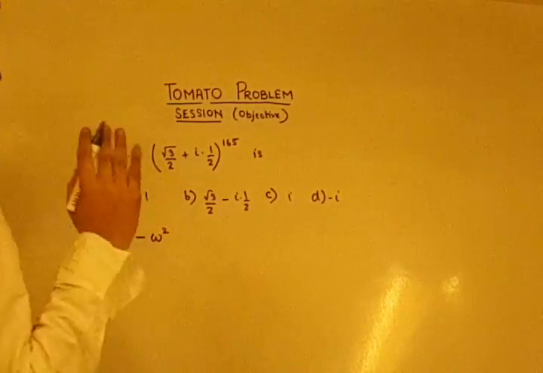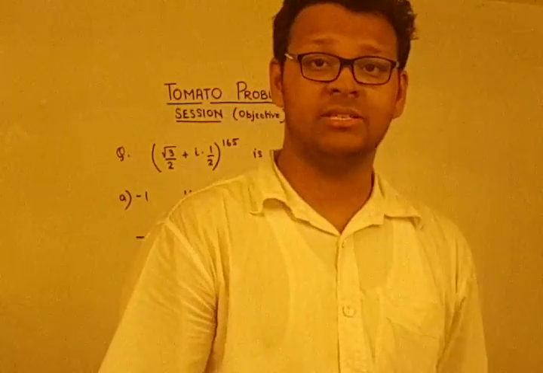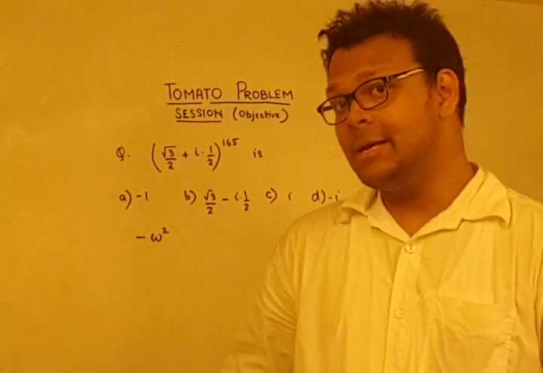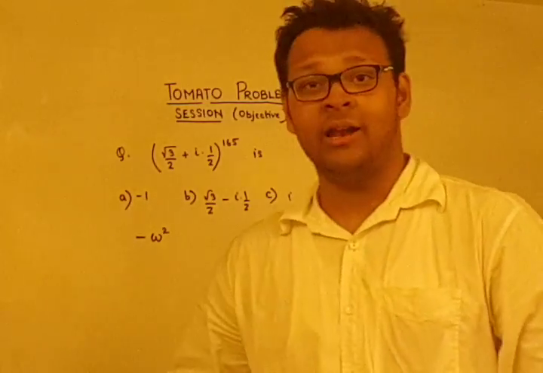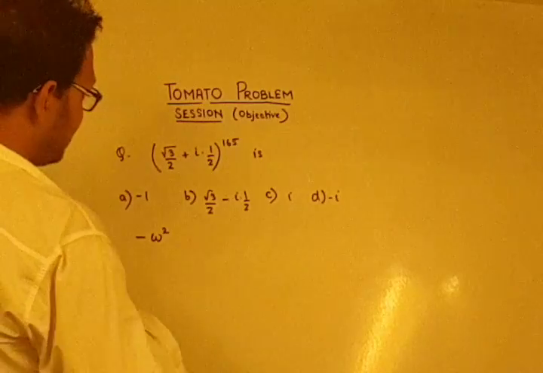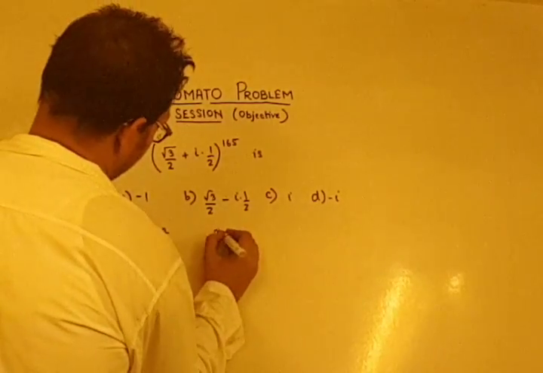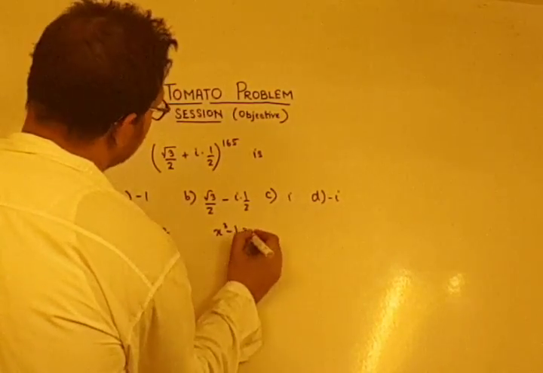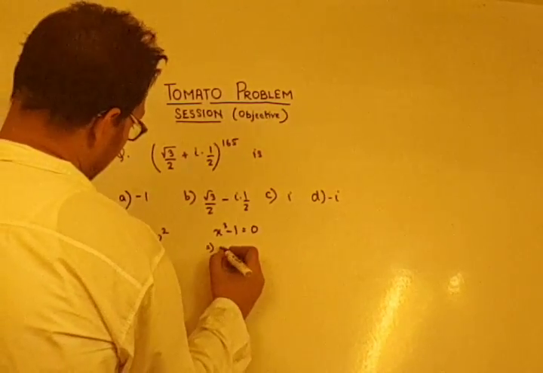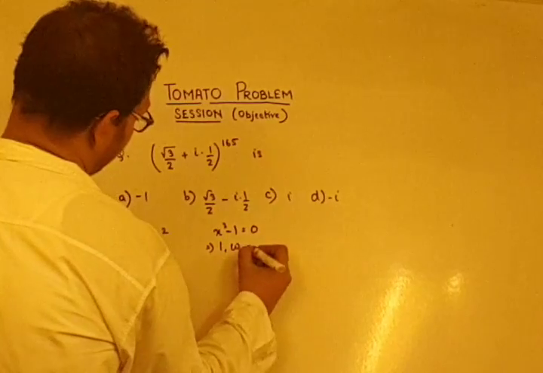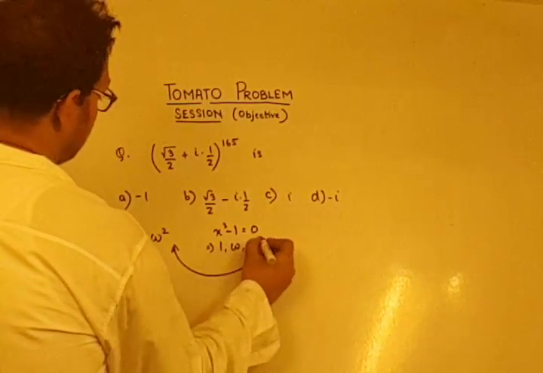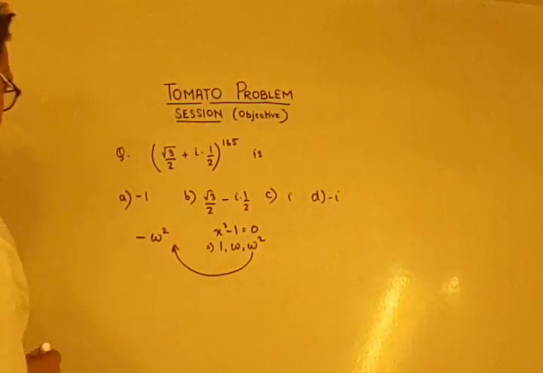So all of you who are familiar with complex numbers must know what minus omega squared is, and for those who are not, minus omega squared is related to the complex cube roots of unity. So the roots of x cubed minus 1 equals 0 are 1, omega and omega squared, and from here omega squared is basically this expression.